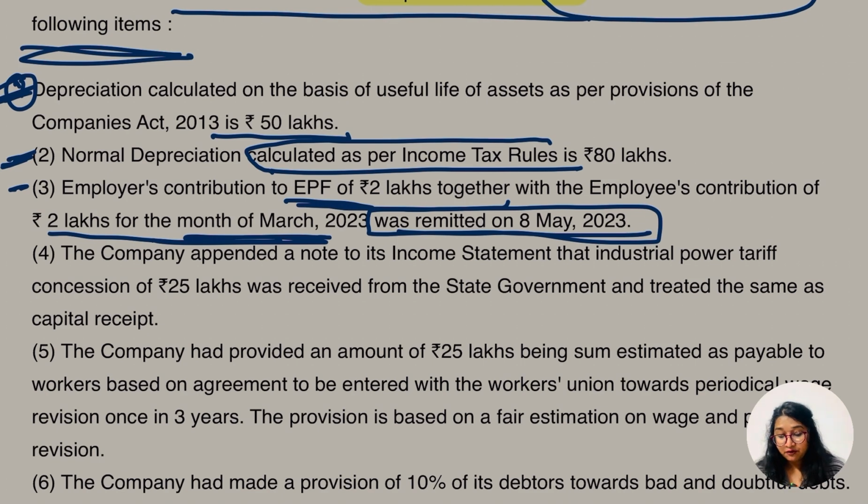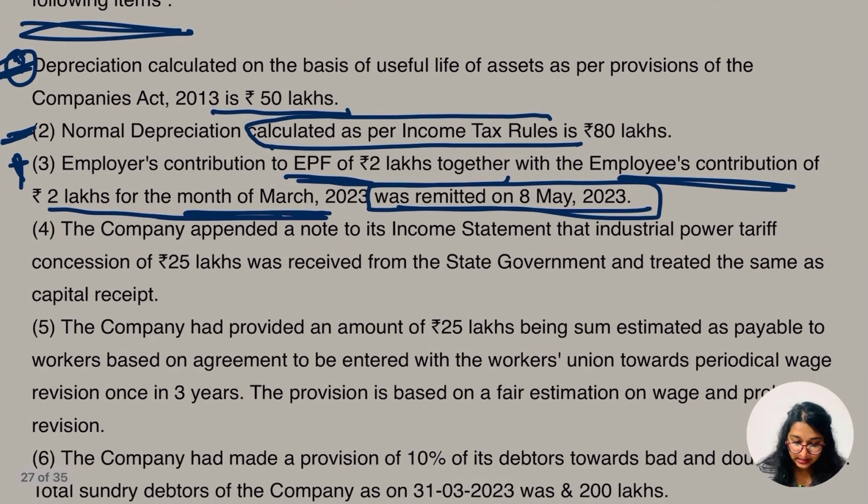But there would be a 5 days grace period extended to the company. If within that grace period the employee's contribution is remitted, then it would be allowed as deduction, otherwise it is not going to be allowed. Which one? Employee contribution, not employer's contribution.